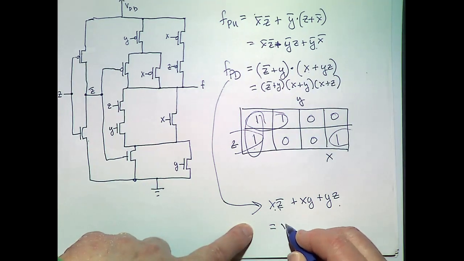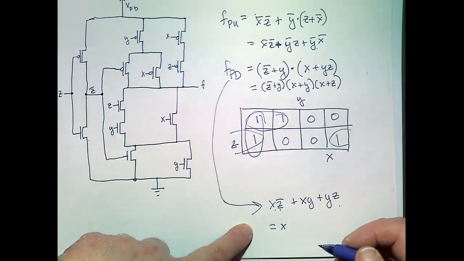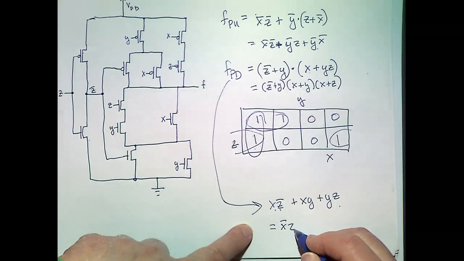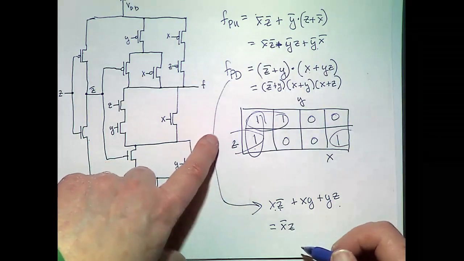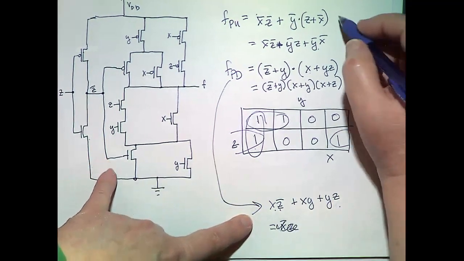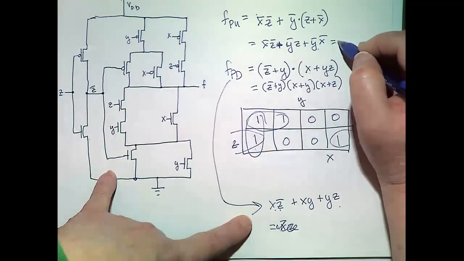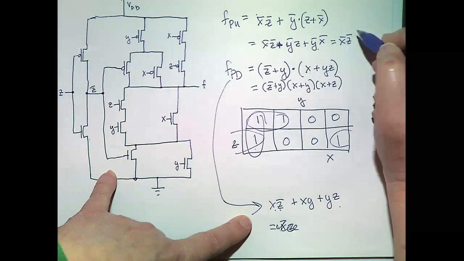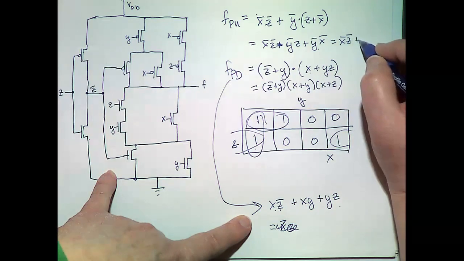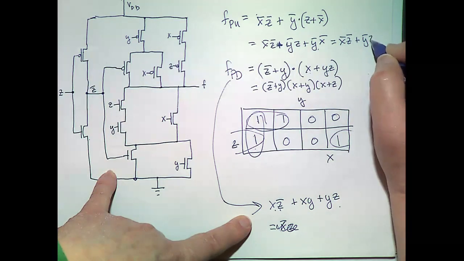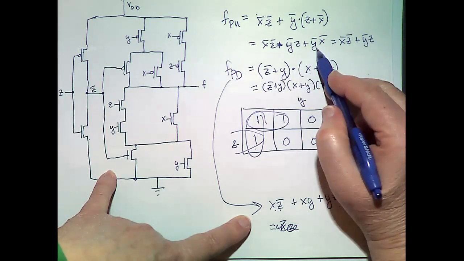X bar z bar plus y bar z, for the pull-up. I don't need this one at all.